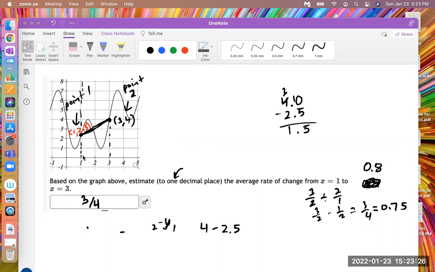So we need to find the height of the function. Instead of looking at the graph and the vertical axis to see how high it is, we plug that number into the function, and it's more accurate that way to actually calculate what the y value is given a certain x value.